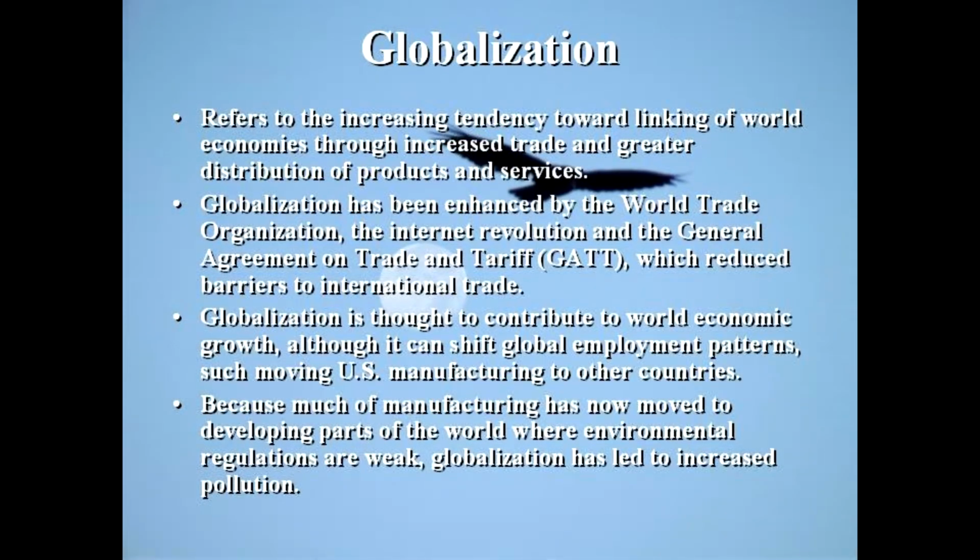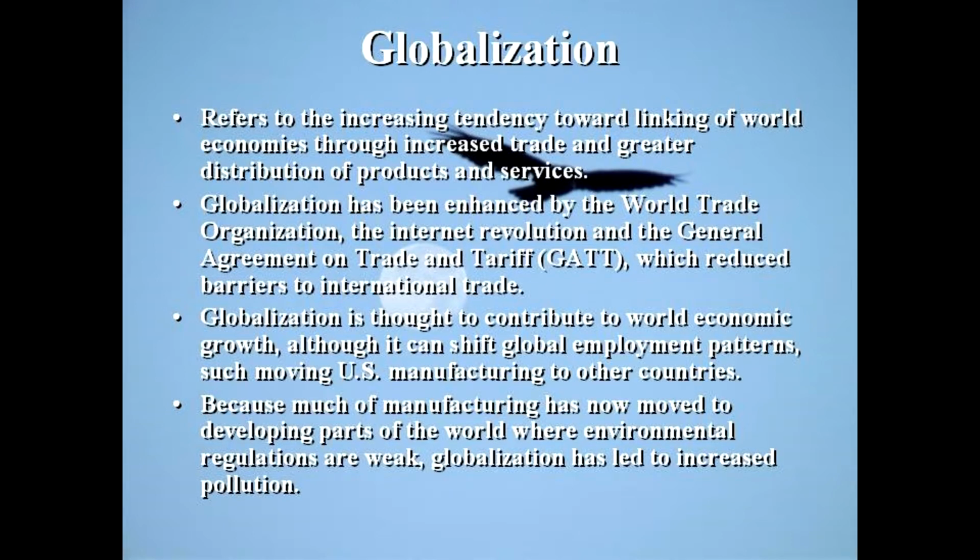So let's now talk in more general kinds of terms, rather than just focusing on fisheries. Let's talk about the issue of globalization, which is now the reality for all of us, that global distribution of products and global consumption of products is now the norm.